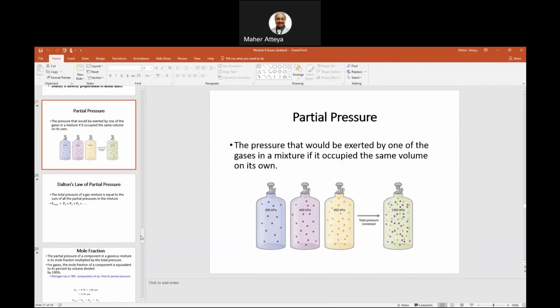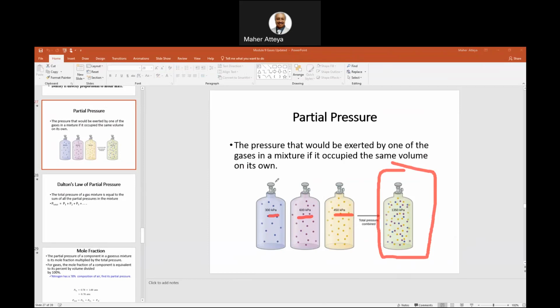Each gas of the mixture will have a unique pressure on the wall. If we have the gases by themselves, and then mix them together, this is the mixture. Each gas shows a different pressure. Partial pressure means part of the total pressure.